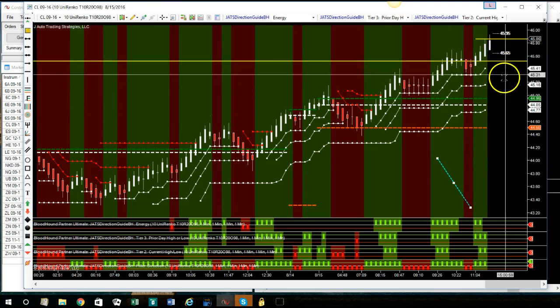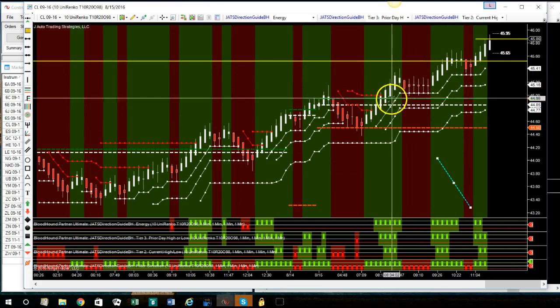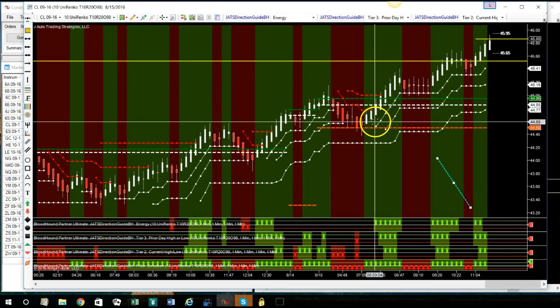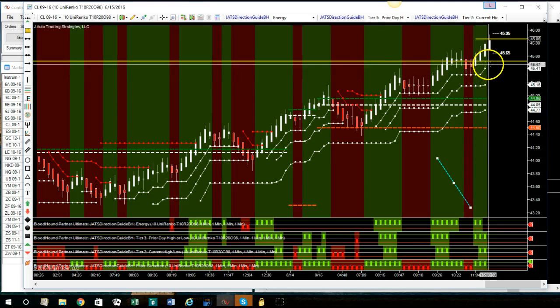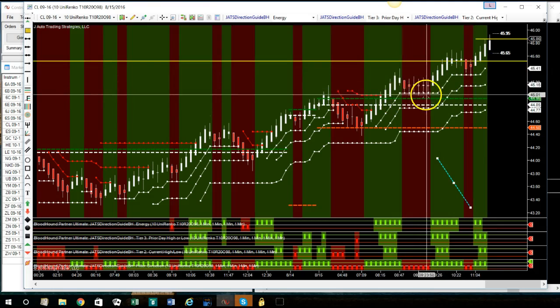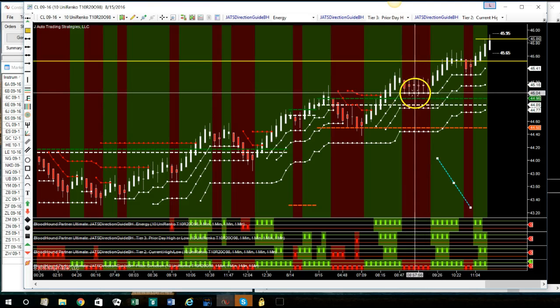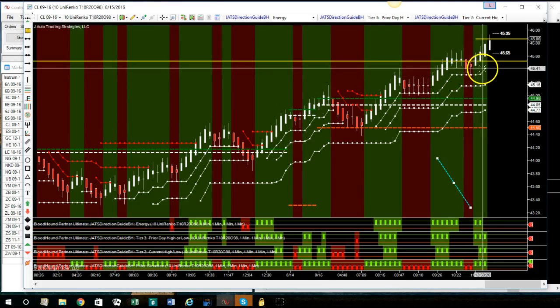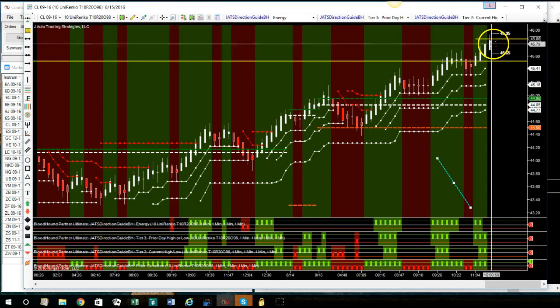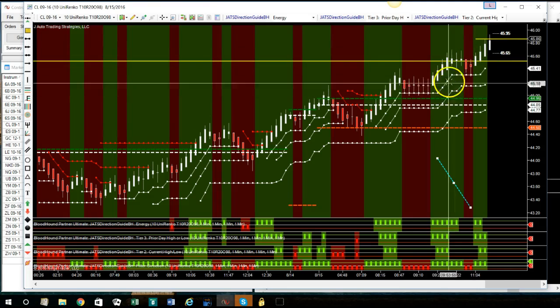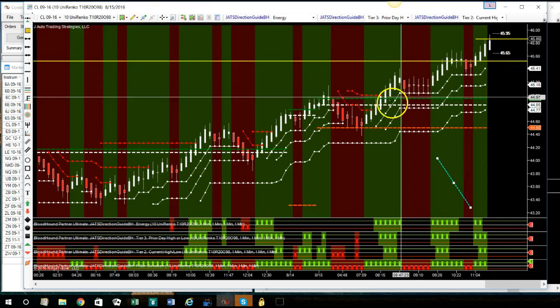The moves stayed within the first volatility band, and that's what we want to see. It's not so much that we went sideways here, it's that it never closed below my first volatility level. So I should have trailed this up loosely on the lower time frame. That was my first mistake, instead of getting in and out.